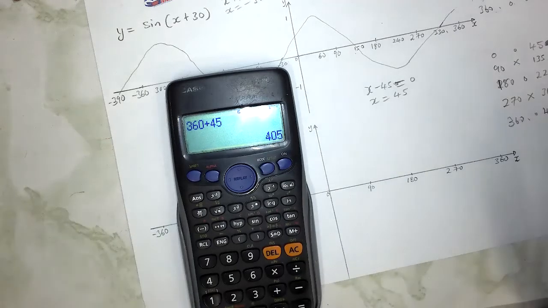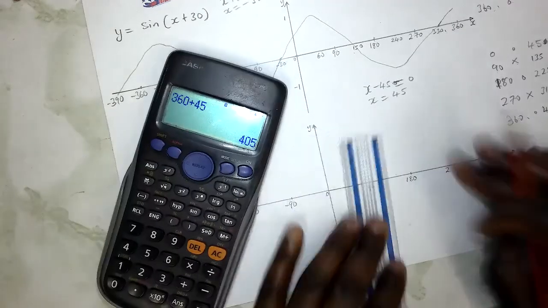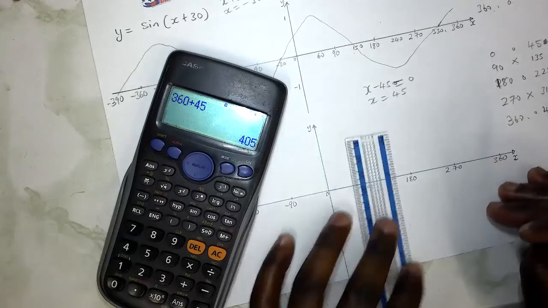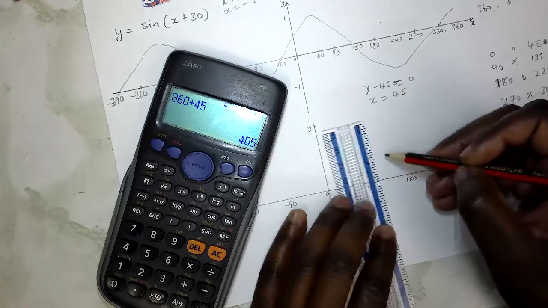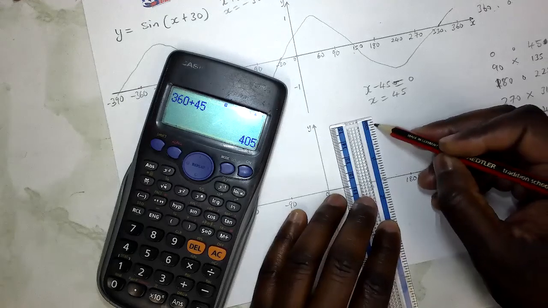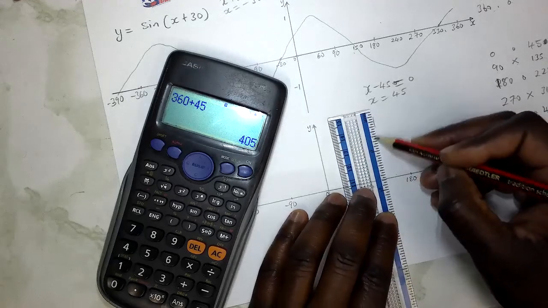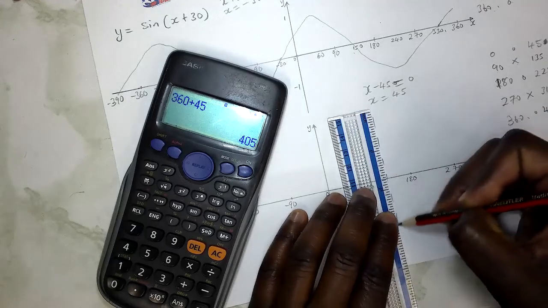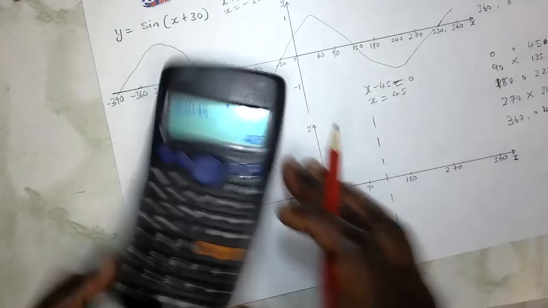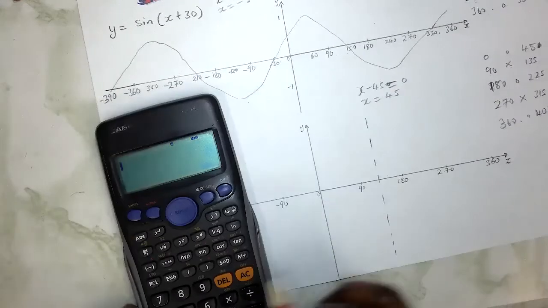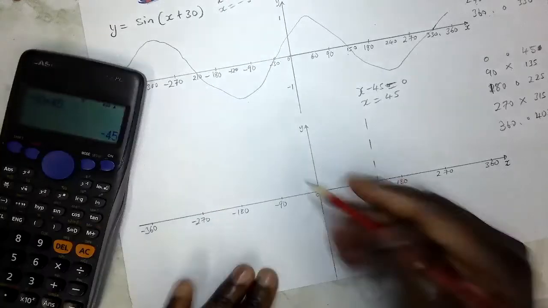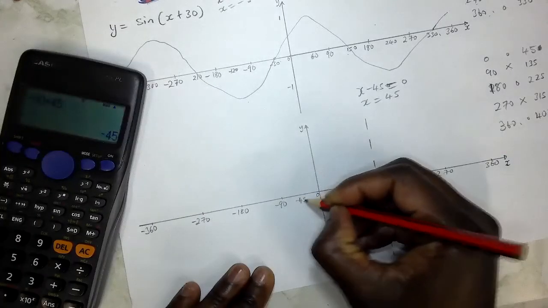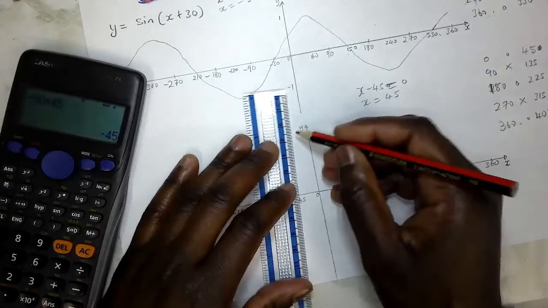So it means that when you're sketching now, you are going to have new asymptotes that you're going to indicate. 135 is now touching at what? Let's put 135 here. Now, for negative 90, if we say negative 90 plus 45, we get negative 45. That's our new asymptote here.